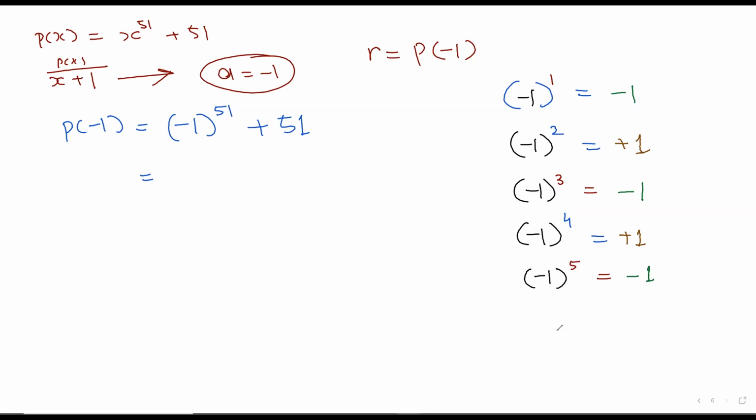So are you seeing a pattern here, Hamna? Can you tell me what the pattern is? Ma'am, when -1 is multiplied by an odd number, it gives -1, and when it is multiplied by an even number, it gives +1.